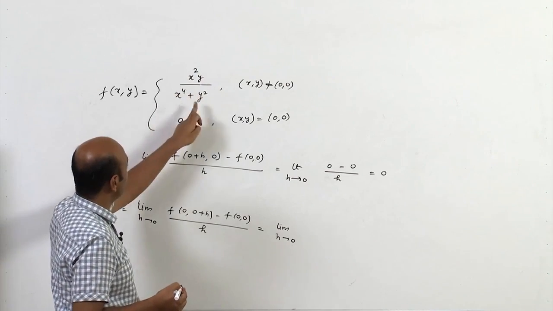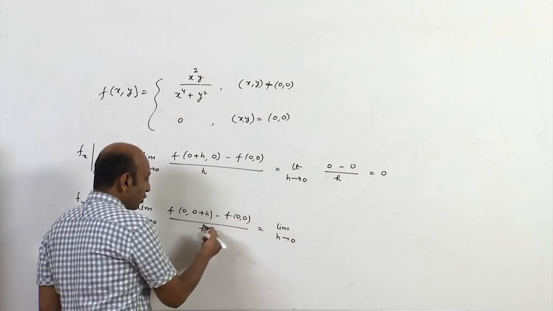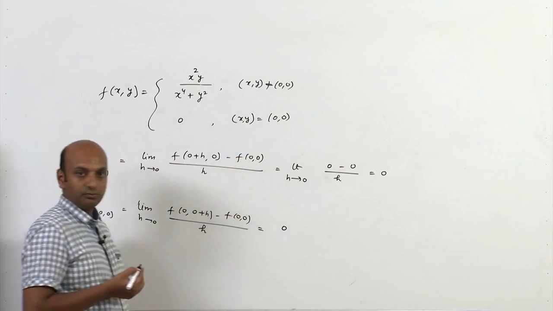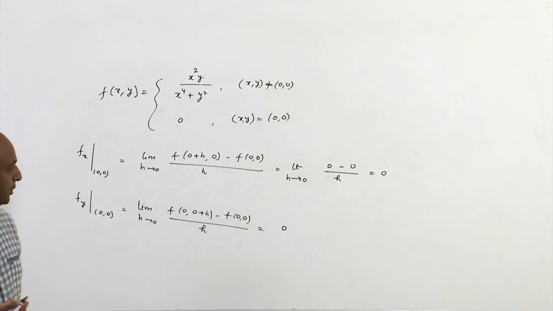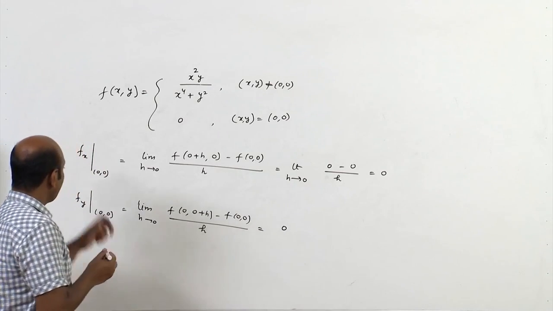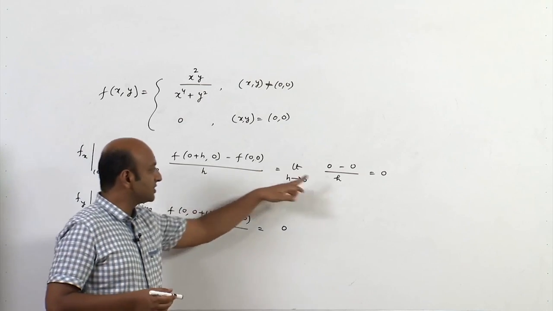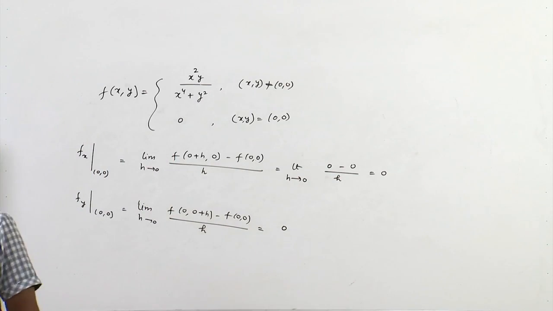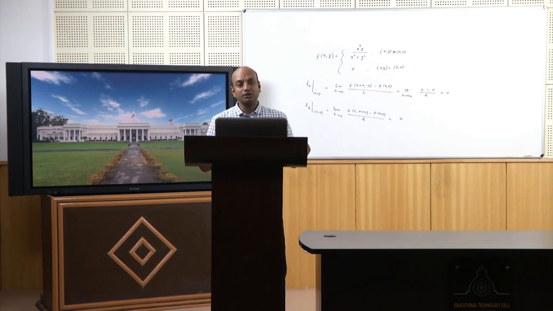So, this value will be 0, 0 minus 0 upon h, it is again 0. Okay. So, f x and f y exist at origin, whose value is 0, but we have seen that this function is not continuous at origin.